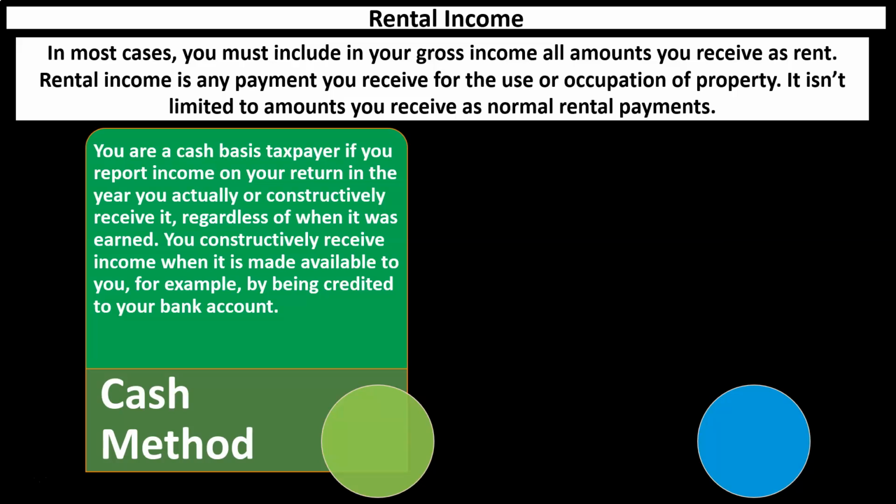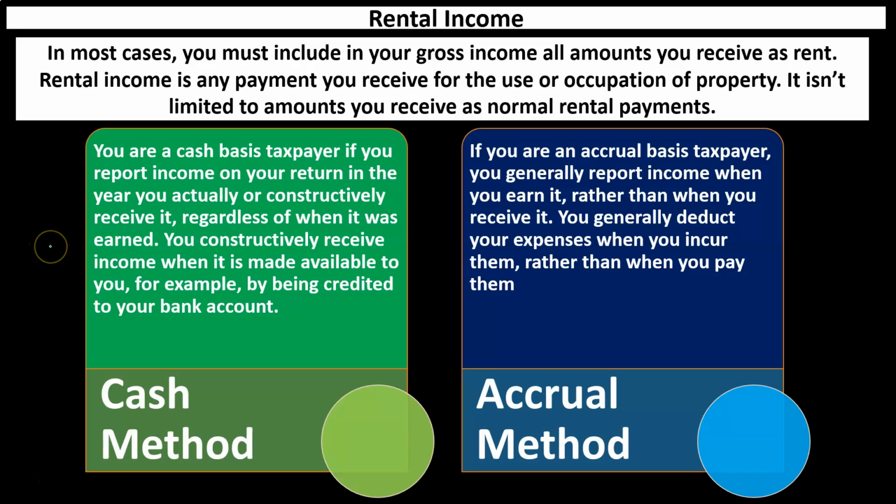So now we have the cash method and accrual method we have to think about, as we thought about with regards to the Schedule C type of business. Cash method, you are a cash basis taxpayer if you report income on your return in the year you actually or constructively receive it, regardless of when it was earned.